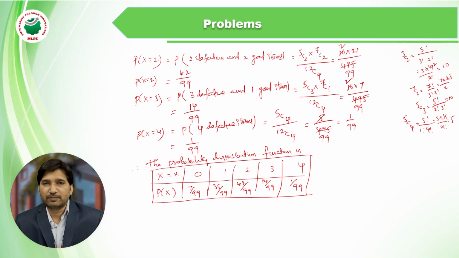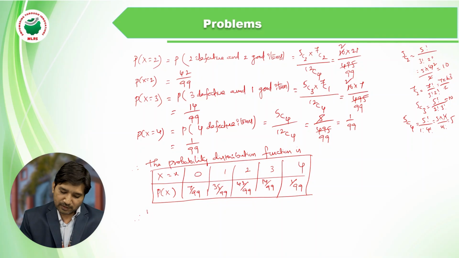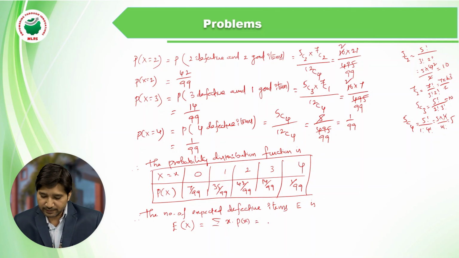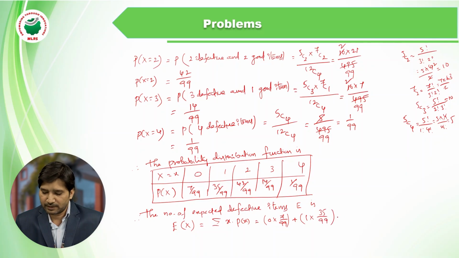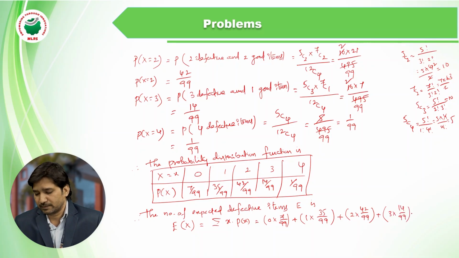So multiplying both variable and probability, that is the expectation. The expected number of defective items, E of X equal to sigma x into P of x, that equals 0 into 7 by 99 plus 1 into 35 by 99 plus 2 into 42 by 99 plus 3 into 14 by 99 plus 4 into 1 by 99.